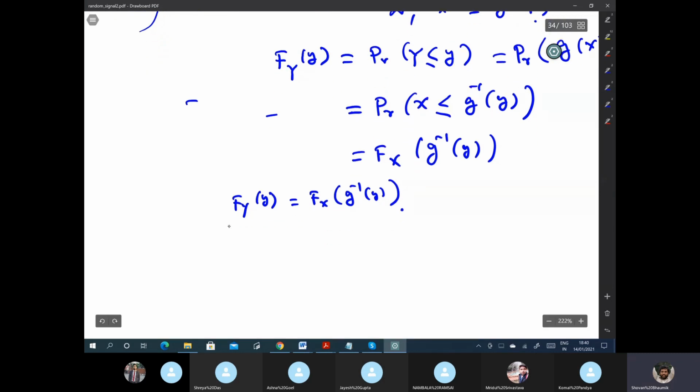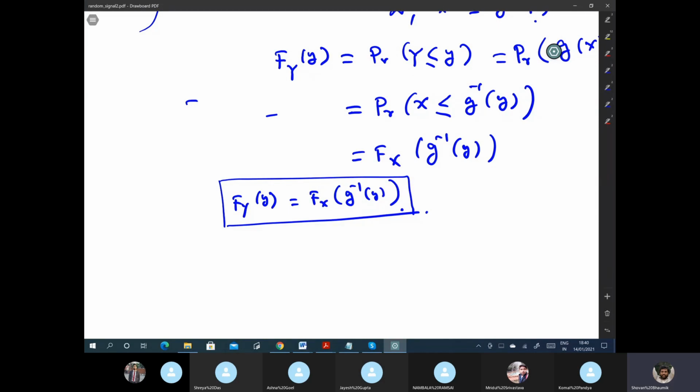This is a very important formula. Now to get the small f_X, we take the derivative of it.